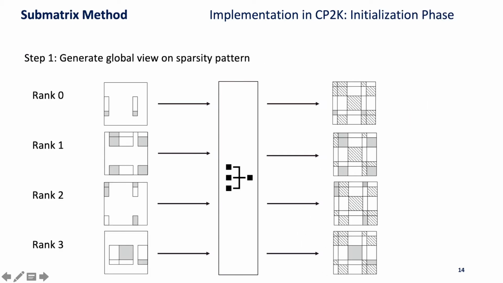So what we did is we introduced an initialization phase, and as a very first step we generate a global view on the sparsity pattern. So each rank looks onto its own blocks, which are 0 and which are non-zero, and then this information is shared such that every rank knows about the sparsity pattern.